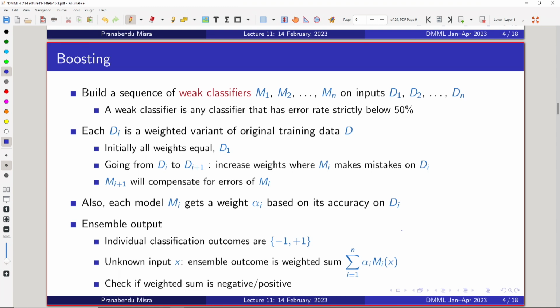So, what is happening is that because each classifier is a weak classifier, which is to say it is slightly better than random guessing, each time you build one more classifier, it does slightly better, with all its friends before it, right. So, gradually the performance of all these weak classifiers add up and they become a strong classifier as a group. And each model that I build in this sequence also gets some weight alpha i, which is sort of proportional to its error on its weighted training data set, right.